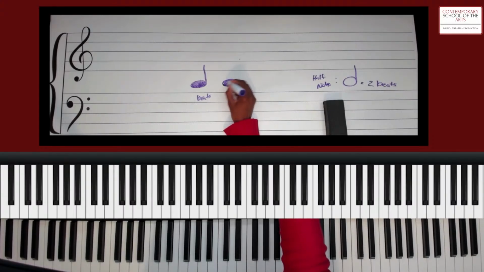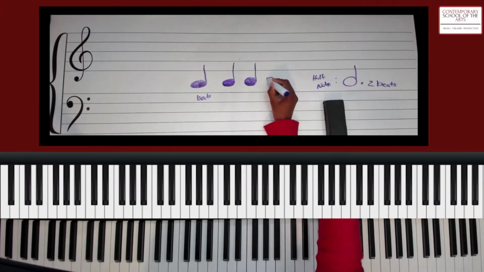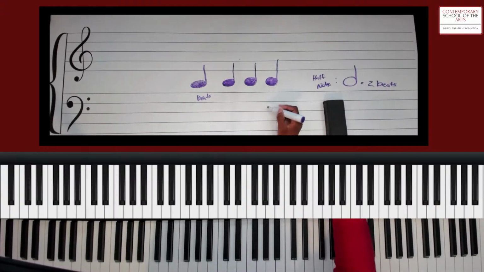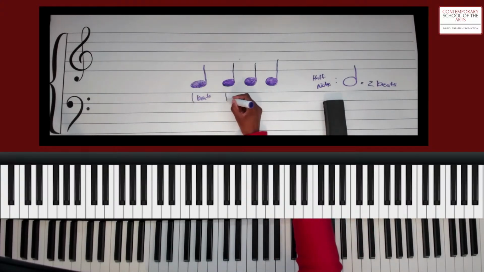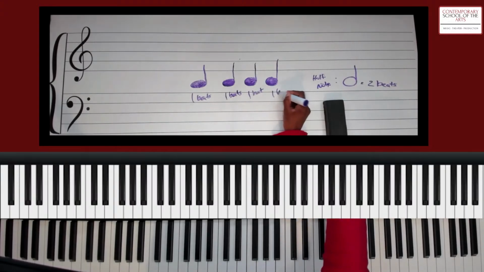We're going to fill it in and add our stem. Then I'm going to add another one, note head, fill it in, add our stem. Okay, this is 1 beat, this is 1 beat, this is 1 beat, and this is 1 beat.